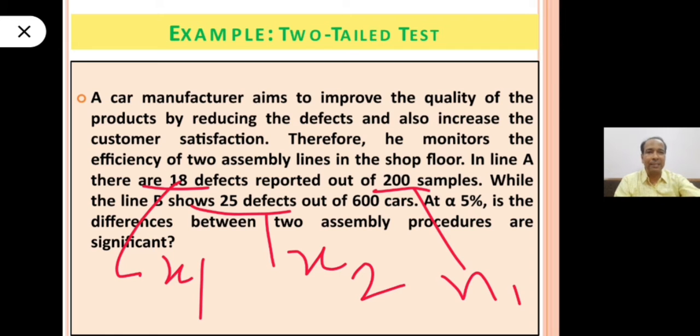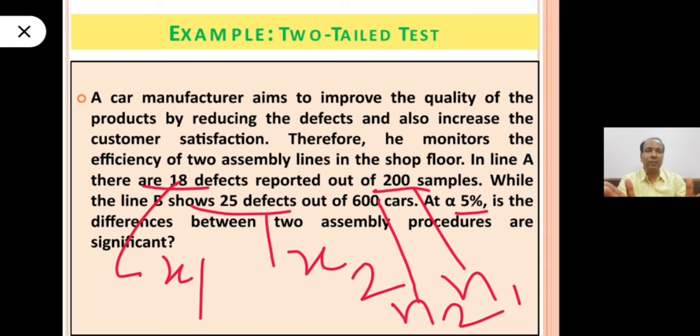In 600 cars, that means this is the size of sample 2, so this is n2. So in this question, x1, x2, n1, n2 are given, and also the alpha level, that is 5%. So these are the values which are required, and we have to test whether there is any significant difference between the two assembly procedures.